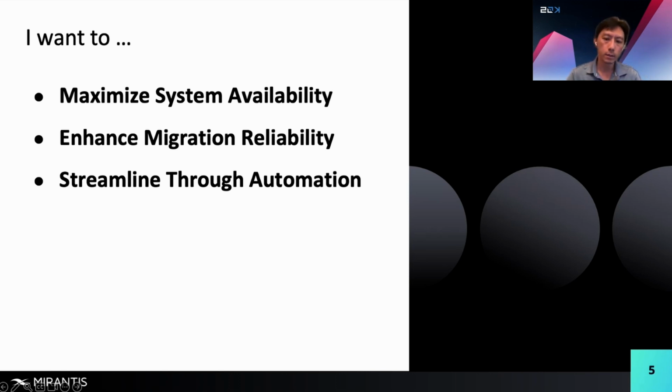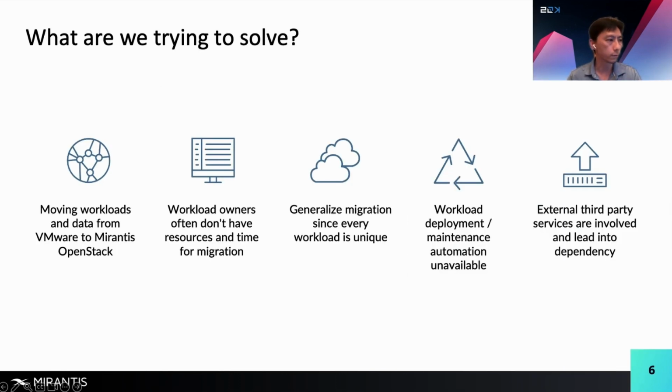So when we're looking at speeding up the migration from VMware to OpenStack, what are some of the things that we're trying to solve, right? Of course, the main thing is we want to migrate workloads and data from VMware to Mirantis OpenStack. The issue is folks are usually strapped in terms of time, resources. This essentially becomes part of a technical debt, right? How do I make sure that this debt is paid really quickly without having to put a lot of manual effort into it?